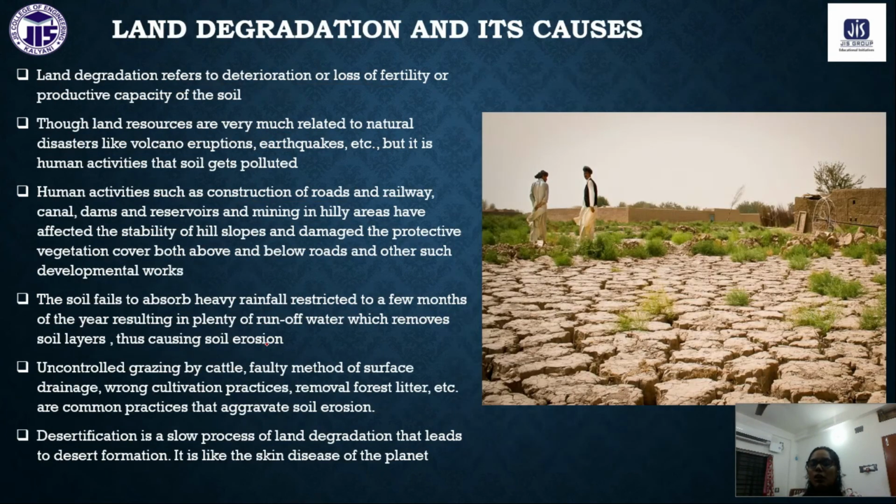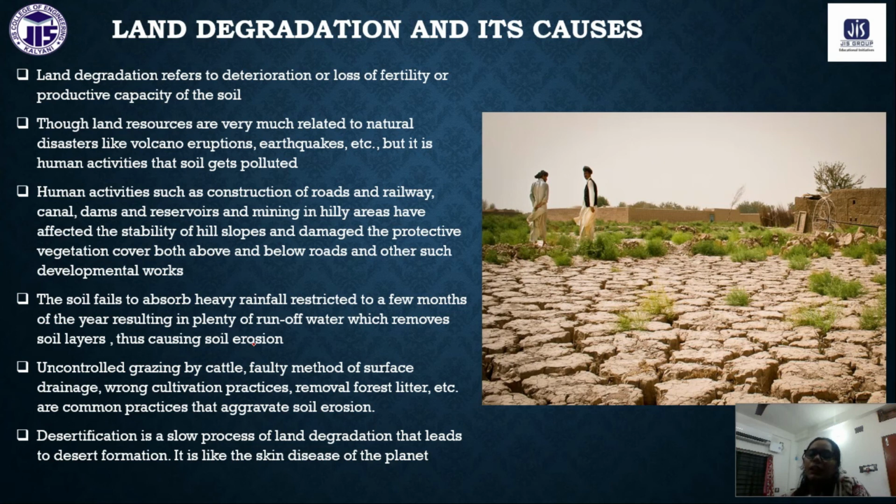But what we can see, due to our activity, due to land pollution, these are some of the degradation that we can have. Like, most lands are degraded due to the cutting of the trees, the deforestation.